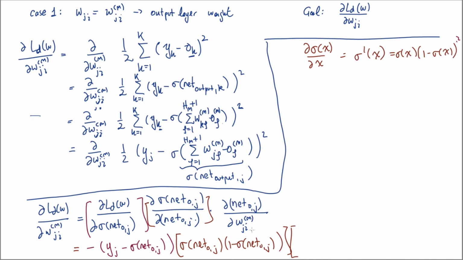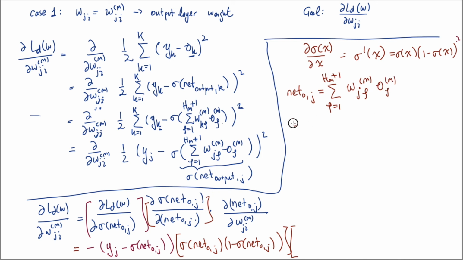And w_ji is only going to come up in one term, right? This is net, let's write it out just to be really clear, is the sum over l of w_jl^m o_l^m.